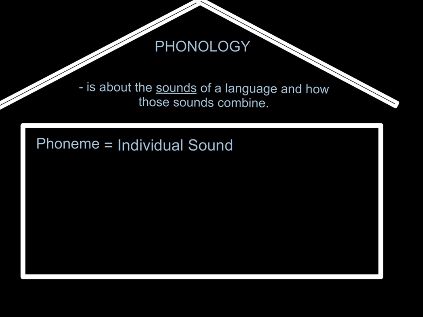And in English, there are only a few dozen individual sounds that we use. In fact, that number is actually 44, plus or minus 3. Some linguists say we have about 41 sounds in English, others say we have about 47, but a nice round number is 44. So there are about 44 individual sounds in English, and we're going to explore those a little later in the semester.